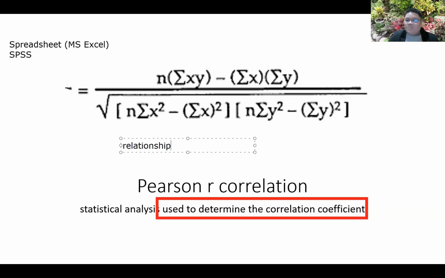In the case of assessment in education, I want to check whether the relationship between the take 1 of the exam and the take 2 of the exam is positive or negative. My goal is to check whether the take 1 exam scores and the take 2 exam scores have a positive relationship. That's why we are doing your Pearson's R or Pearson's coefficient. Okay? Now, let's look at the next slide.